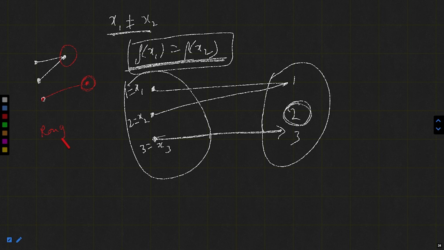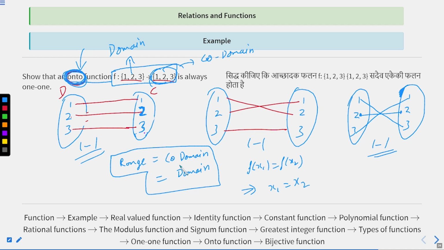Then range cannot be equal to the codomain if this happens. So from this we can say that it must be one-one. I hope that it is clear to you.